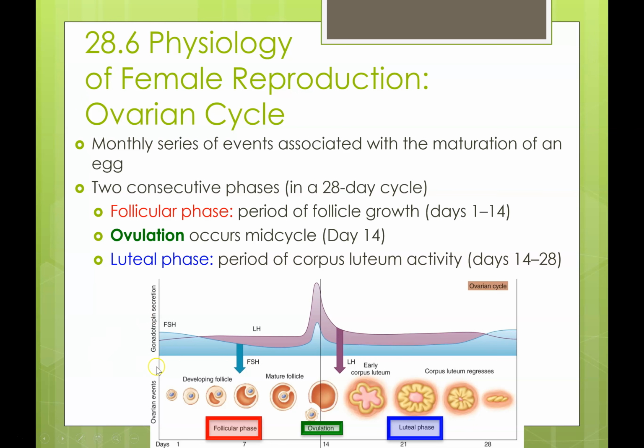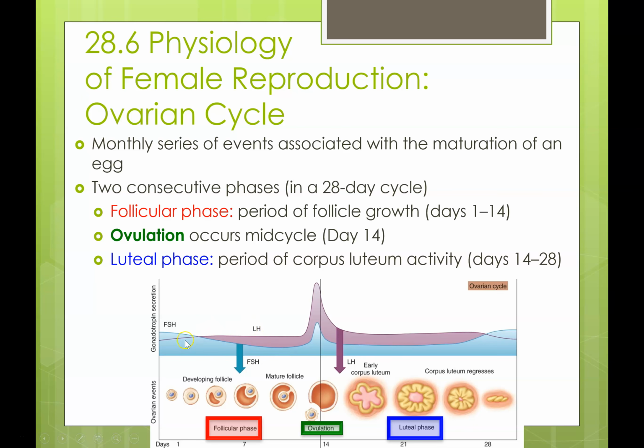So back to what we were talking about here. The FSH, we're going to see higher levels here at the beginning of our ovarian cycle because we need to start stimulating these follicles to develop and enlarge and form greater layers of granulosa cells. So then as we start to see that that follicle is maturing, we don't need quite as much FSH.